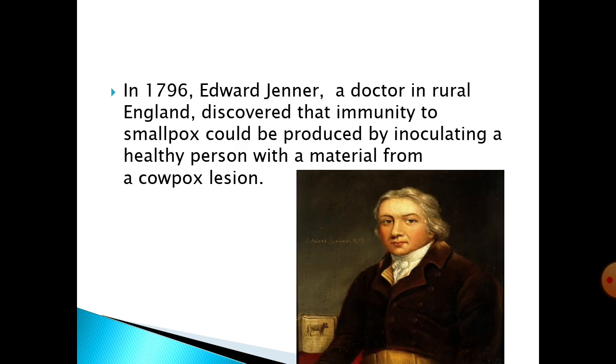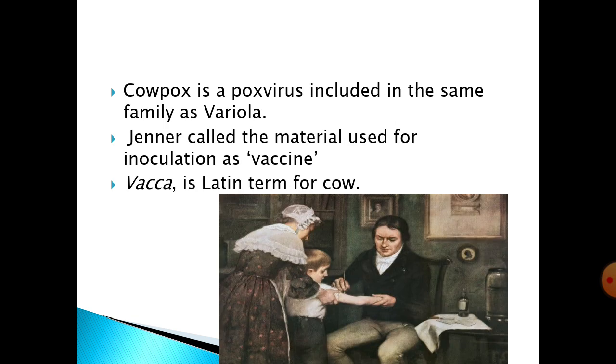In 1796, Edward Jenner, a doctor in rural England, discovered that immunity to smallpox could be produced by inoculating a healthy person with a material from a cowpox lesion. Cowpox is a pox virus included in the same family as variola.